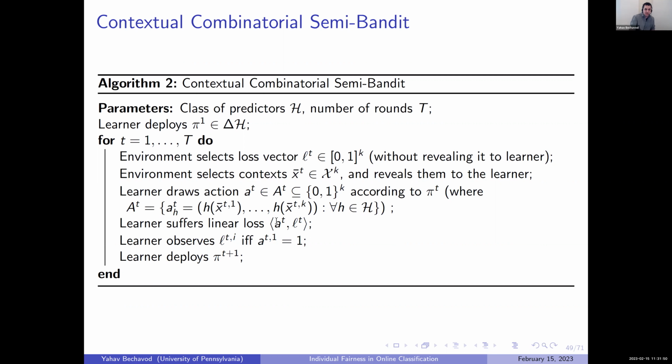And at the end of the round, the learner suffers linear loss in these two vectors, the action vector and the loss vector. The semi-bandit setting means that the only loss coordinates that are observable for the learner are the ones on which it predicted positive. If it was a full bandit, only the inner product would be observable. But since this is a semi-bandit, only the positive ones get revealed.